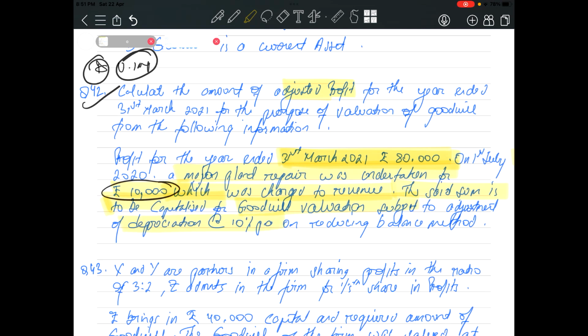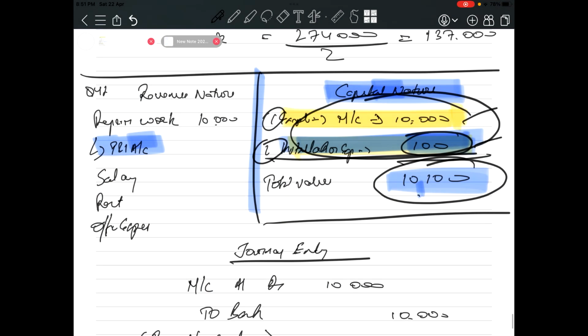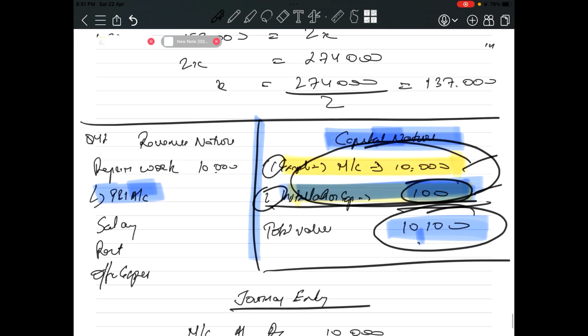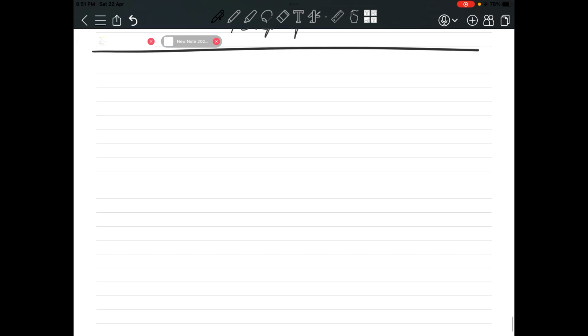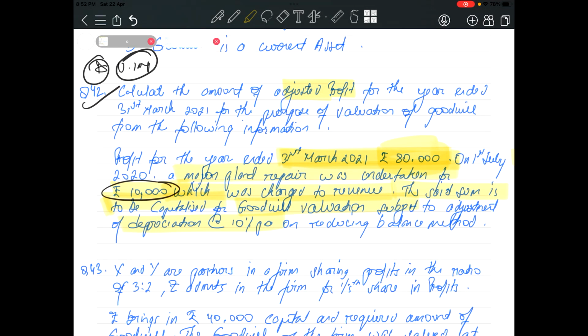Now let's solve this. Question number 42. So what will happen? Actual profit of 31/3/21 is 80,000. Actual profit given is 80,000.